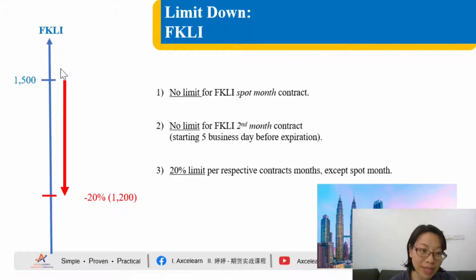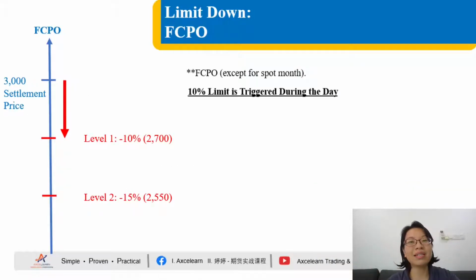So this is 20%. Now for FCPO, CPO is a bit different from your FKLI, because if FKLI or your FBM KLCI has the circuit breakers, your FCPO can still continue to trade. It's a different thing. So when it comes to FCPO, we have limit down. Whatever rules are applicable are not for spot month, because spot month is basically physical delivery, so it is not applicable.